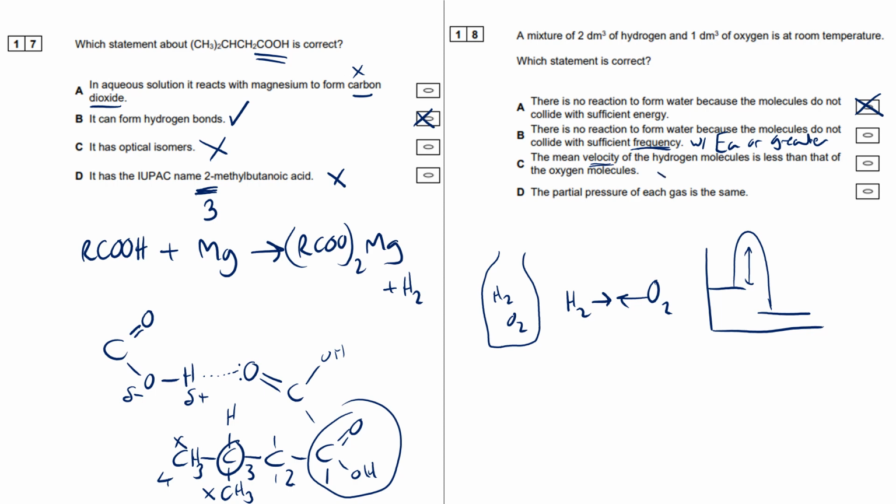So statement C is incorrect. And are the partial pressures of each gas the same? Because you have 2 decimeter cubed of hydrogen, 1 decimeter cubed of oxygen, the partial pressure of hydrogen will be twice that of oxygen because you've got twice the volume. So statement D is also incorrect.